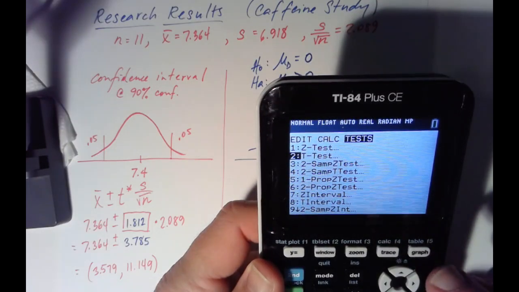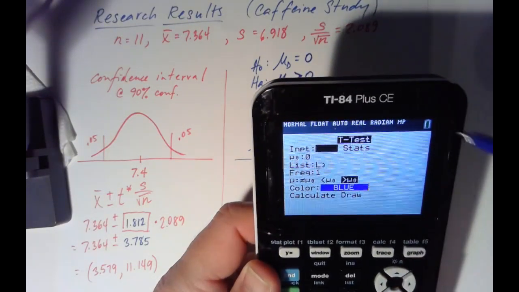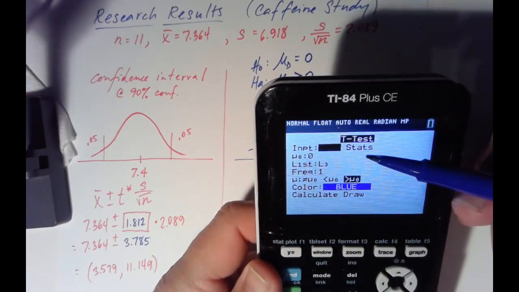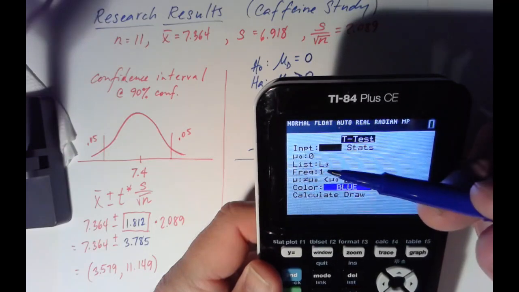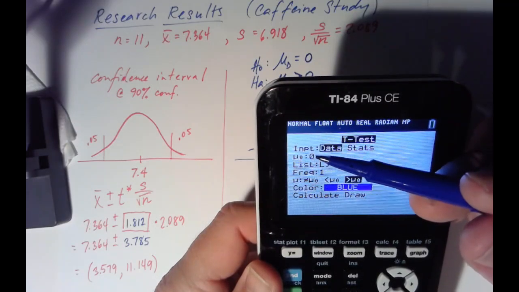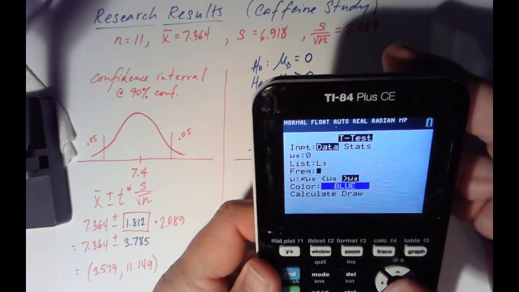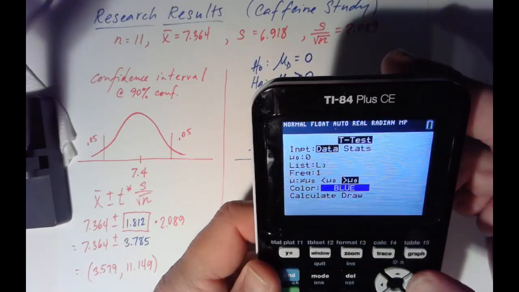Okay, let's take a look at, do we do data or statistics? Well, often in problems they give you the statistics, but in this case we've actually put our 11 data points in on list 3. Our hypothetical mean is 0, so this is all put in already. We want to be real careful down here because you'll get the wrong answer if you choose this incorrectly.